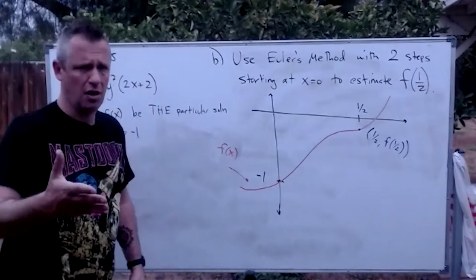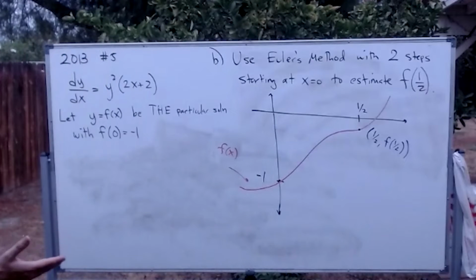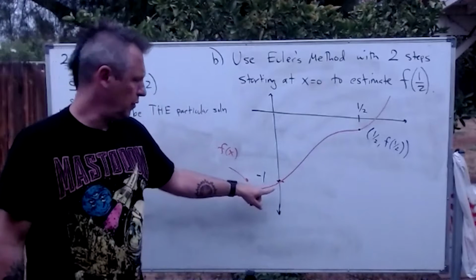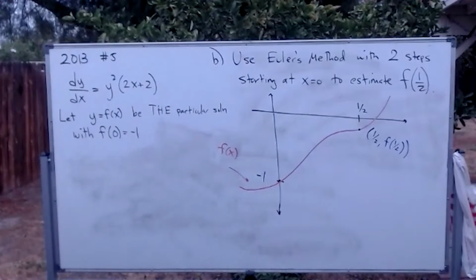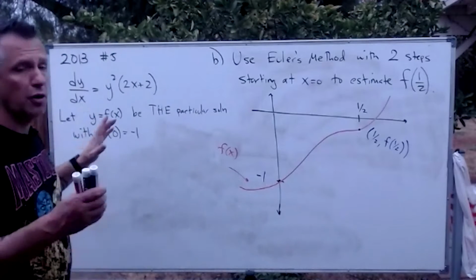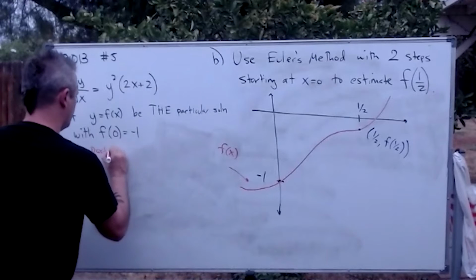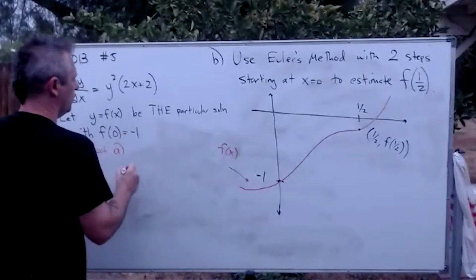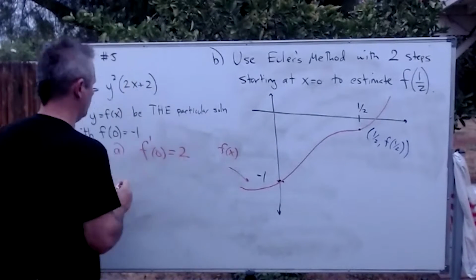But we do know some stuff. For example, we know that f passes through this point right here, (0, -1). We know that from the initial condition. And we also know something about the derivative right here. We know from part A that f prime of 0 is 2.